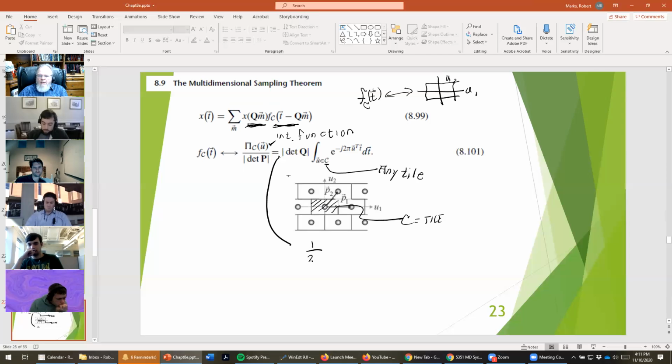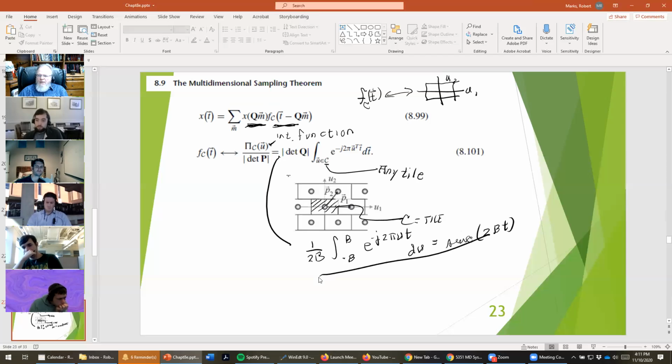It's 1 over 2b times the integral from minus b to b. That's a tile in one dimension, right? Which we know is the sinc of 2bt. So this is the interpolation function that we have in 1D.